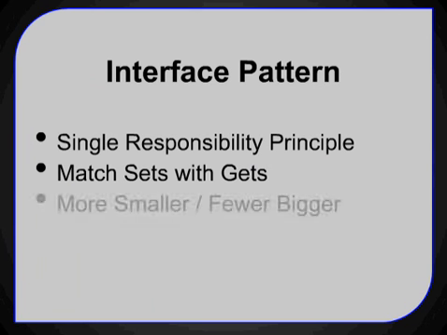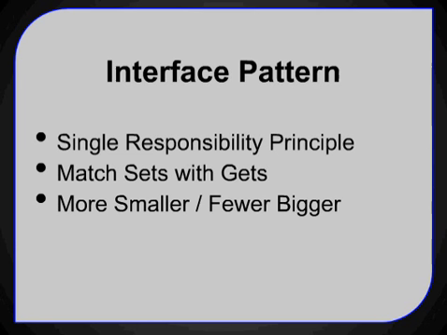And then what you end up with when you start programming your application and architecting your application in this way is you have more smaller interfaces and fewer giant interfaces. And this is a good thing on a lot of levels. One, it's a lot easier to test smaller stuff than it is bigger stuff.